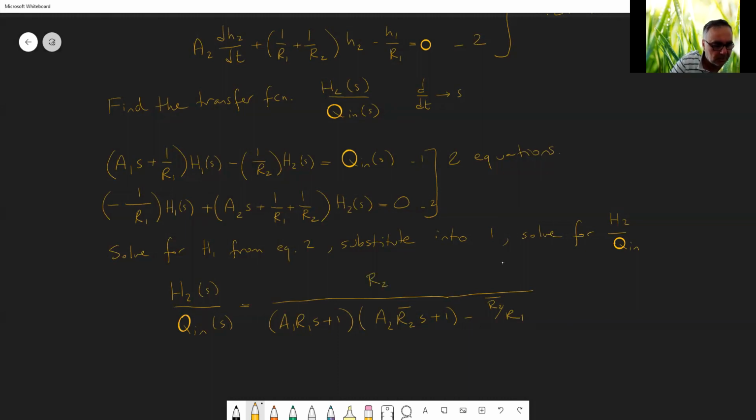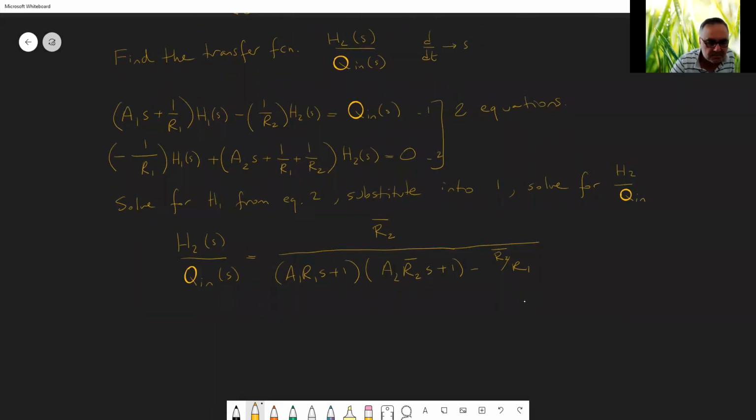And you will have 2 here. Where it is the kind of combined effect of R1 and R2, in series or parallel or something like that.